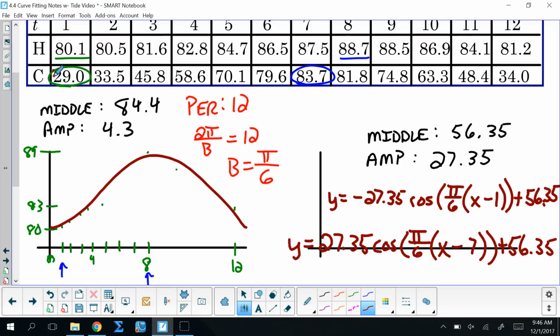Now, if you want a little more practice on this stuff, there were two book homeworks for section 4.4. If you really want the second book homework, the B homework, graphs of sine and cosine part B, page 393 to 394, it's the 75, 77, and 79 ones.